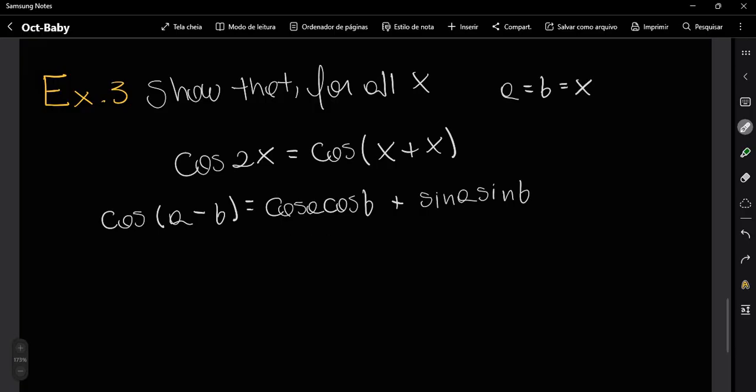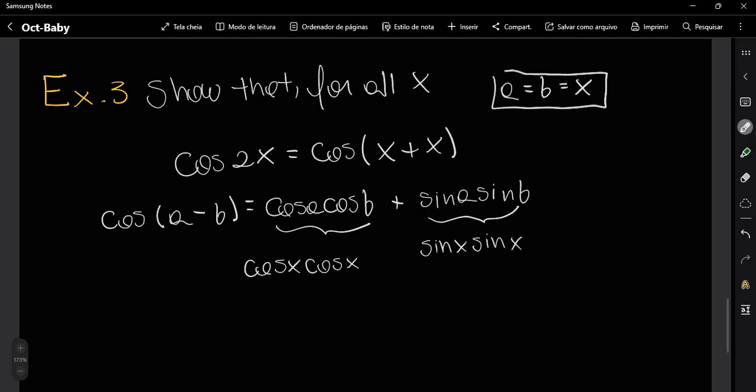So right here, cosine of x times cosine of x, and right here, sine of x times sine of x, having this set.